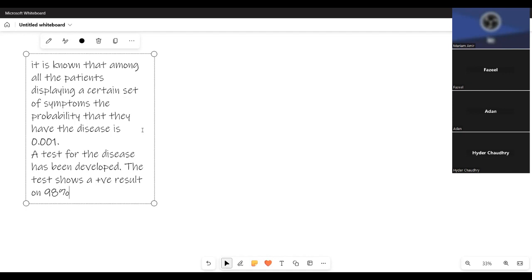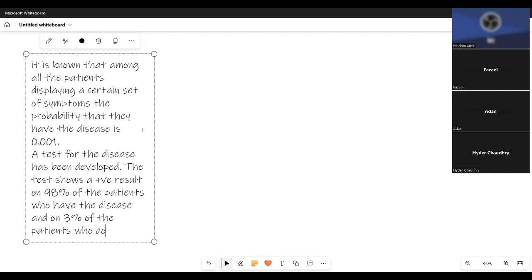On 98% of the patients who have the disease, and on 3% of the patients who do not have the disease.